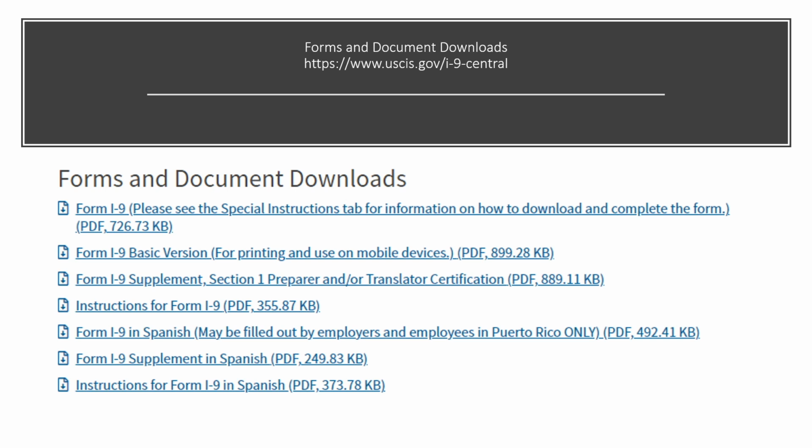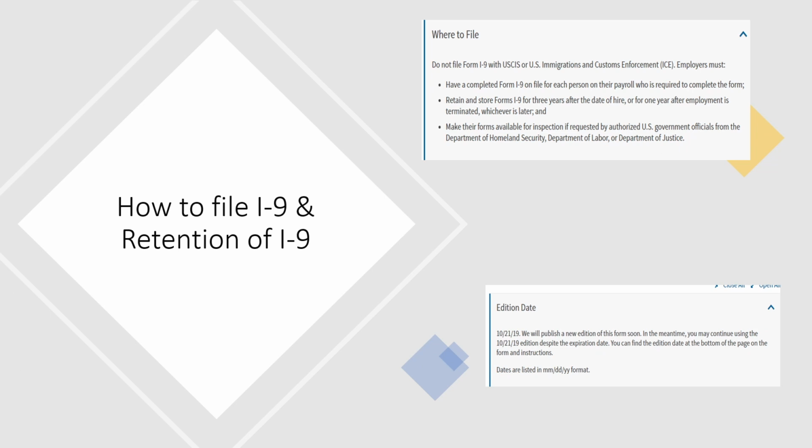It shows you forms and documents to download for your agency to use as part of your application, your hiring process. That website also shows you how to file I-9s and the retention of I-9s. There's a lot of information on that website. I highly encourage you to go on that website and get yourself familiarized with that.